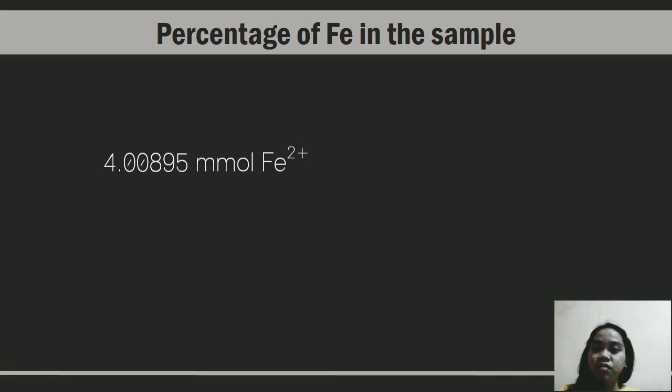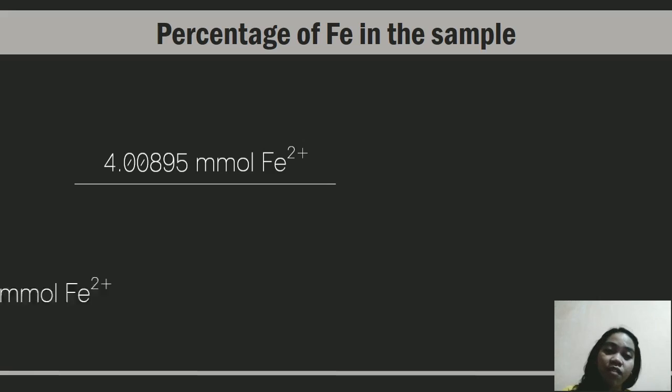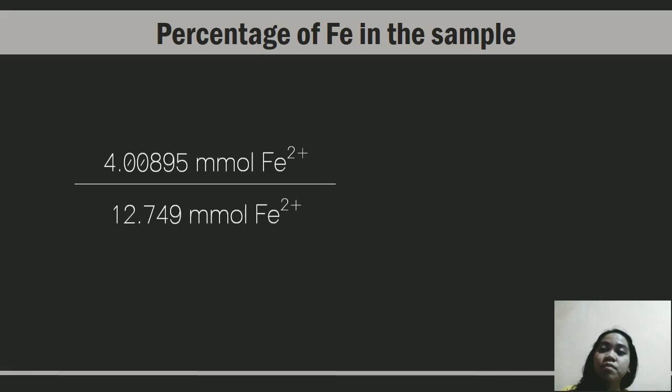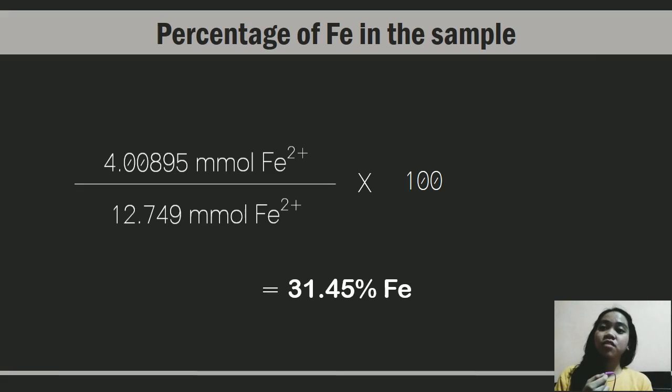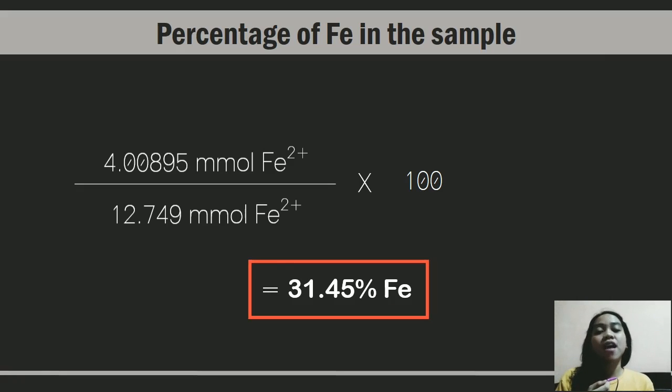We will divide this value by the value that we got earlier, 12.749 millimoles of Fe2+, which is the millimoles of Fe2+ in the sample. We will divide those two, then multiply that by 100. Then we will now have our answer for letter A, which is 31.45% Fe in the sample.